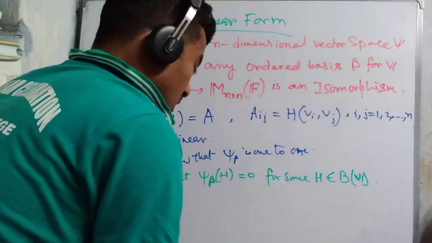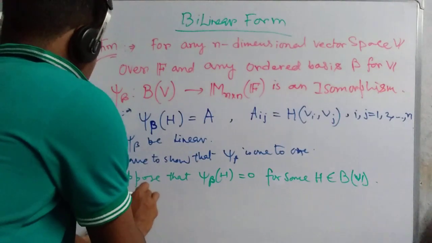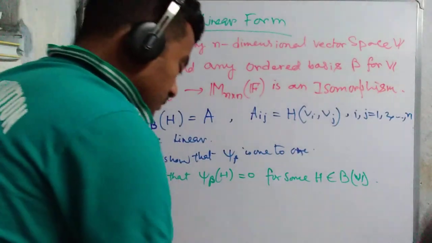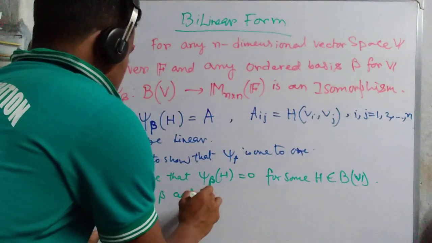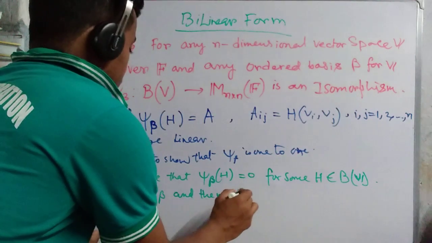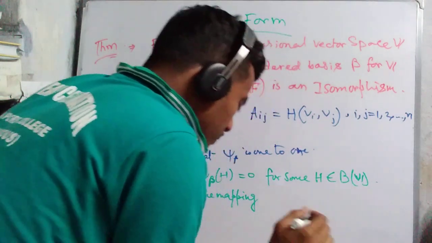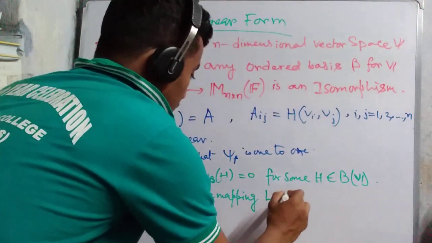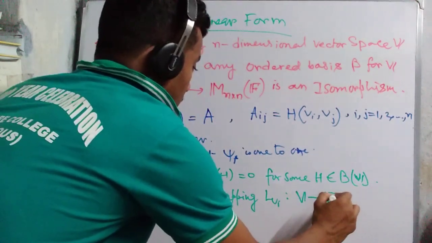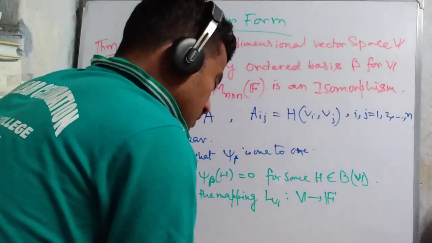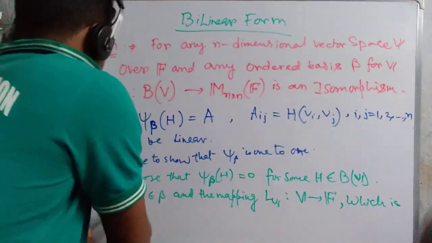Then fix v i belonging to beta, and the mapping L of v i, from V to F, which is linear.